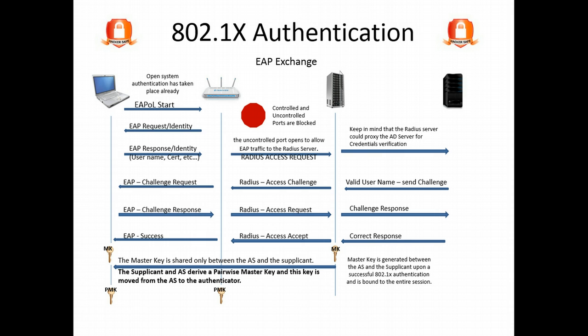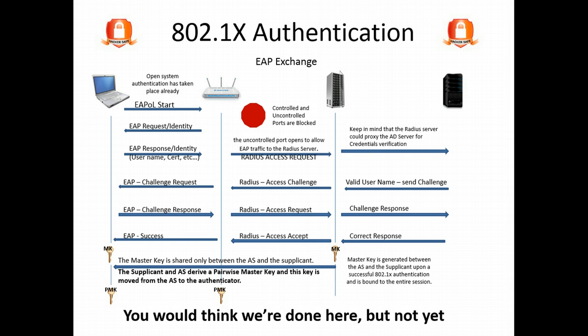Now, this pairwise master key is not shared between all other clients on the network. It is only shared between this client and this access point for this client session alone. That's very unique compared to what you saw earlier with pre-shared key.